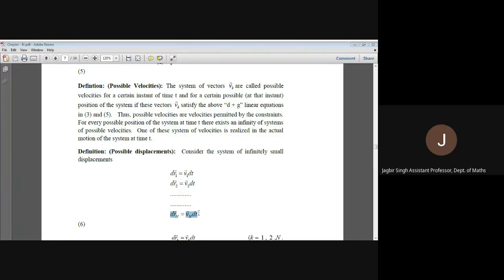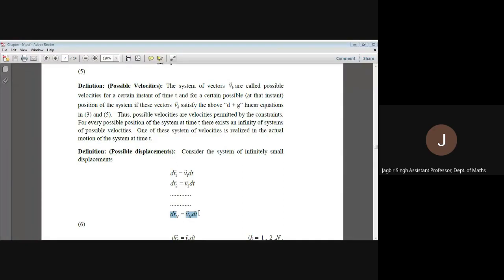I am repeating again. A system is given on which some constraints are imposed. The total number of constraints is D plus G. D are differential and G are finite constraints. We differentiated the given finite constraints and obtained the corresponding differential constraints. Now we have a collection of D plus G equations which involve velocities, meaning V1, V2, Vn.